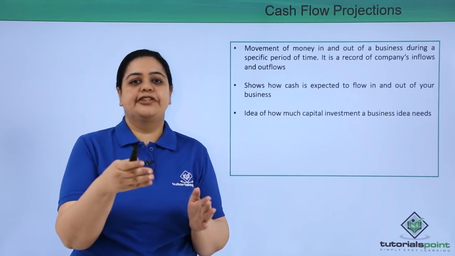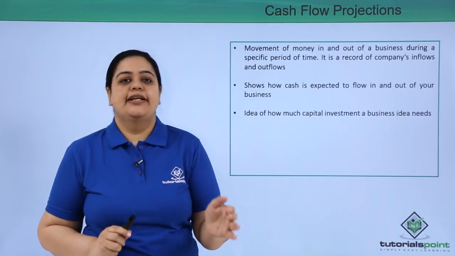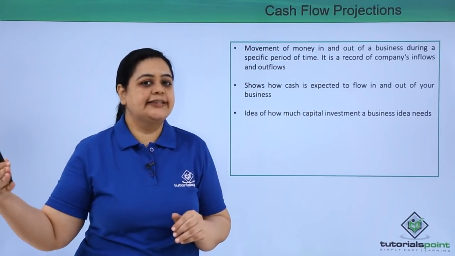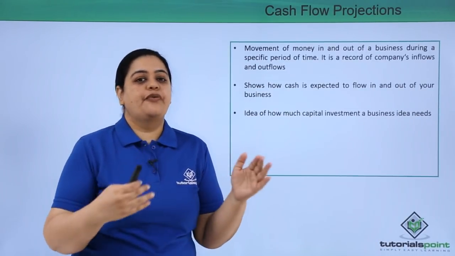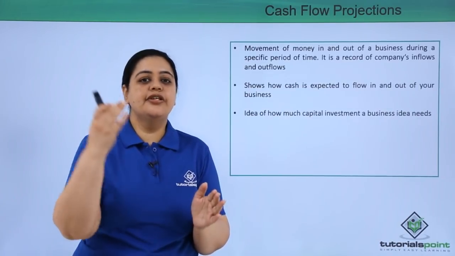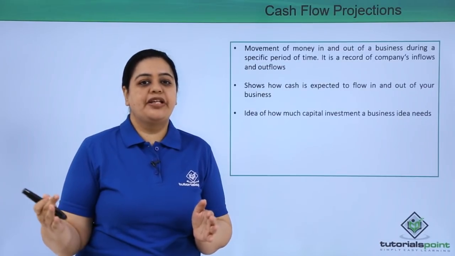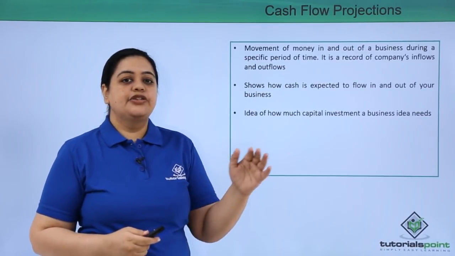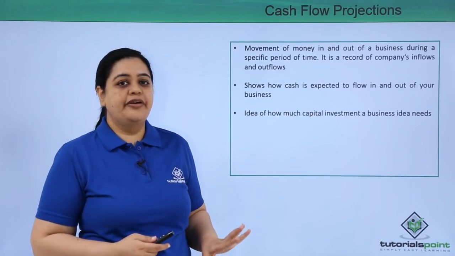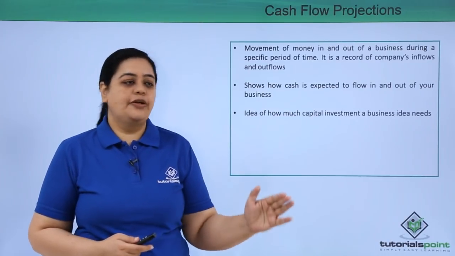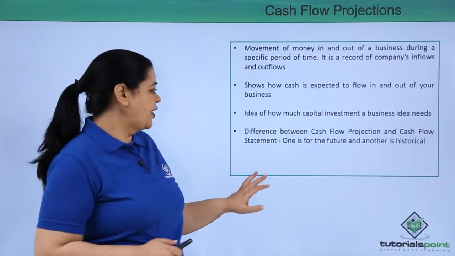Let's say Shoppers gives you the money for the sales you make in 15 days, Lifestyle takes 30 days, Myntra takes 60 days, but your supplier needs to be paid in 30 days. So you would require some money as a cushion so that you can pay the supplier by the time the money from the sales you made to Myntra gets realized. So when you're doing cash flow projections, you will get an idea about the working capital which is required, and hence you can approach for a loan, or maybe you can invest more capital in the business.